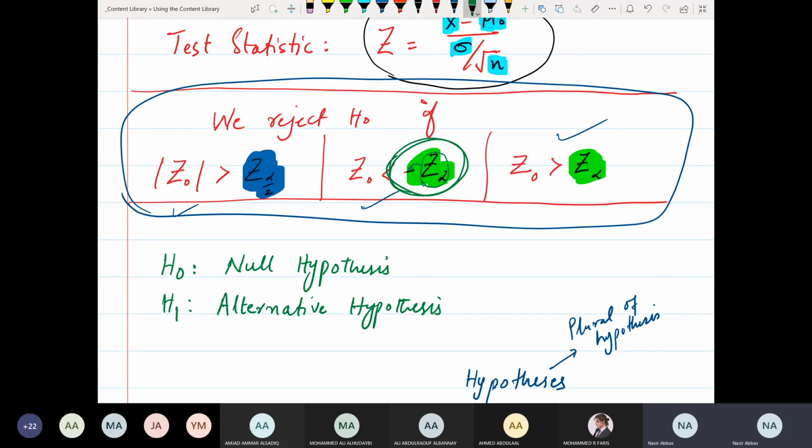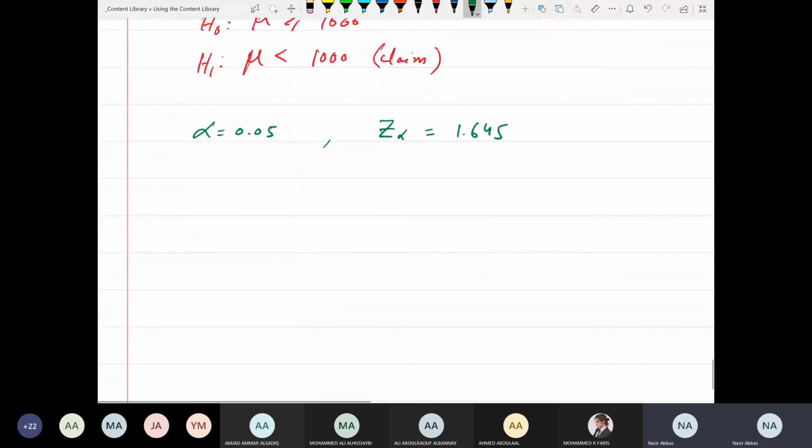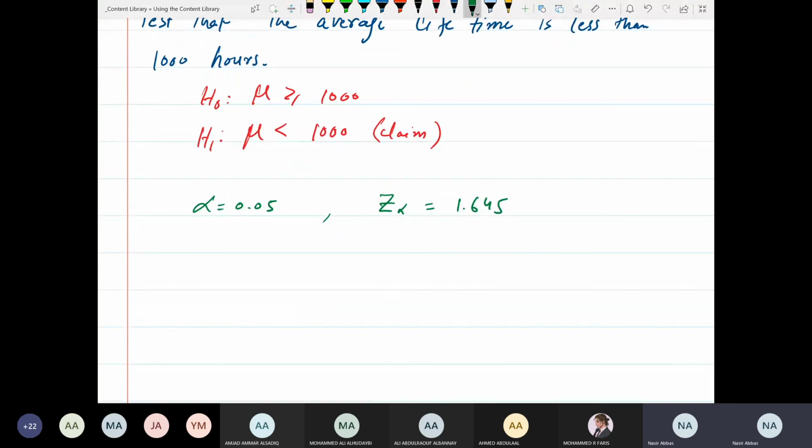So the overall rejection region for the less than should be on the negative side. So when you are writing your rejection region for the less than question, it should be: Reject H0 if Z is less than minus 1.645. The final rejection region should be negative.